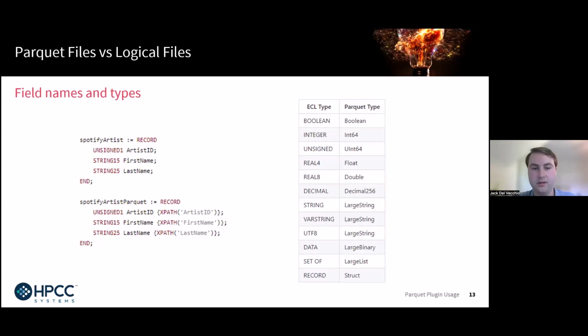Boolean goes to Boolean, integer to int. If you define the number of bits in an ECL type, it'll select the subsequent Parquet type. For example, if you define an integer 3, that'll give you a 32-bit integer on the Parquet side. Just going down the list, real 4 goes to float, real 8 goes to double.